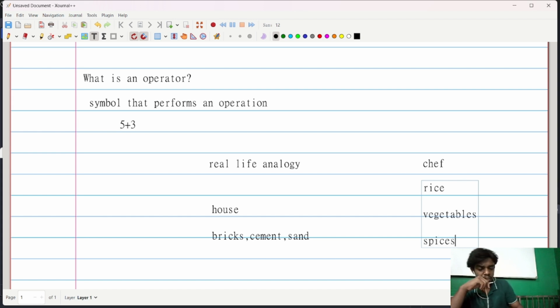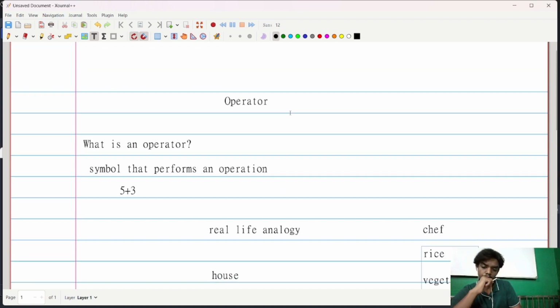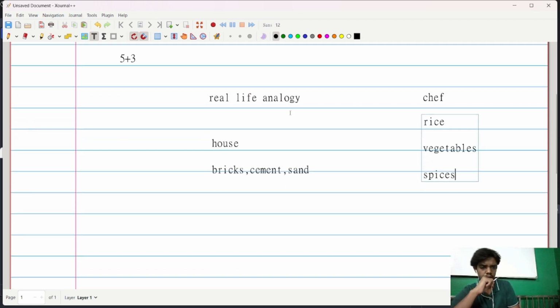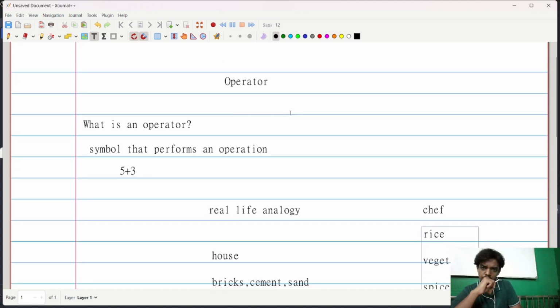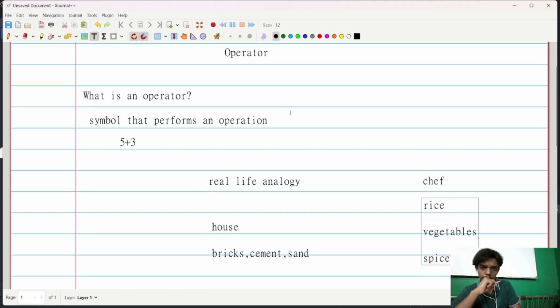Do these automatically become fried rice? No. The chef combines them. Operators are like the chef. They combine data and then produce the required results. So I think this is everything you need to know about operators.